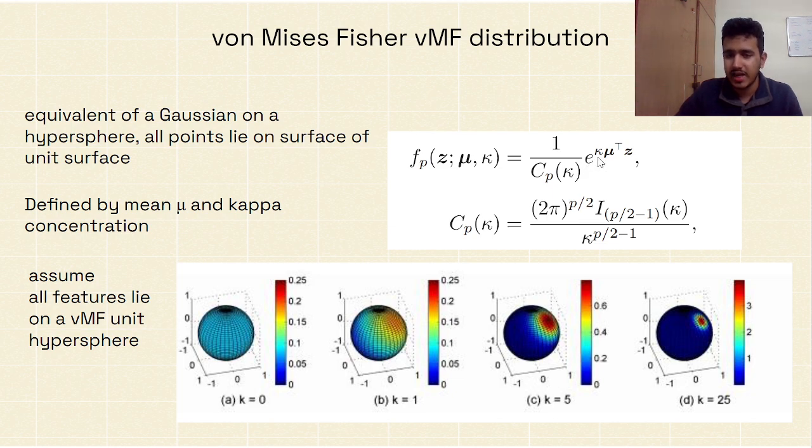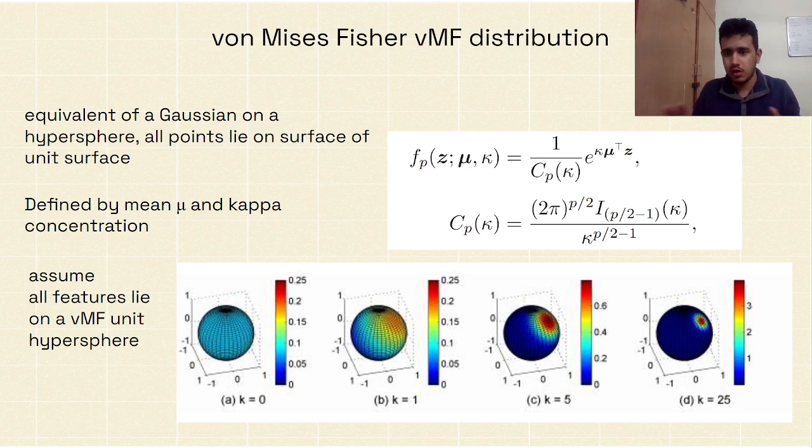You can see it's an exponential of the concentration and the mean, and C of P is just a function that has a Bessel function involved in it. We'll have a smaller trick to calculate this Bessel function easily, because we do not have higher order Bessel functions in PyTorch, because it's computationally very costly.